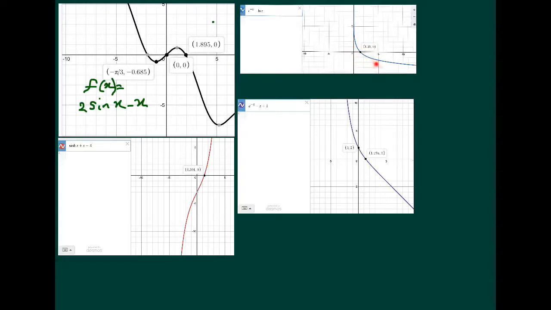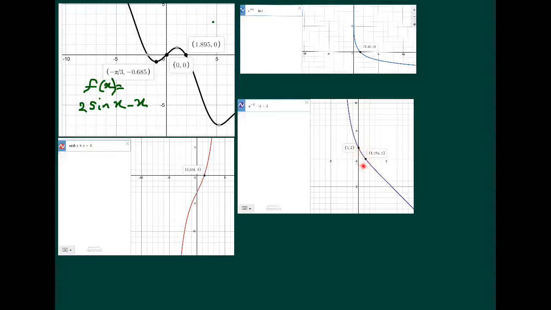The curve cuts the x-axis at 1.31. And here this function, e to the minus x plus 1, is the example we did in the previous lecture, and it has only one root.